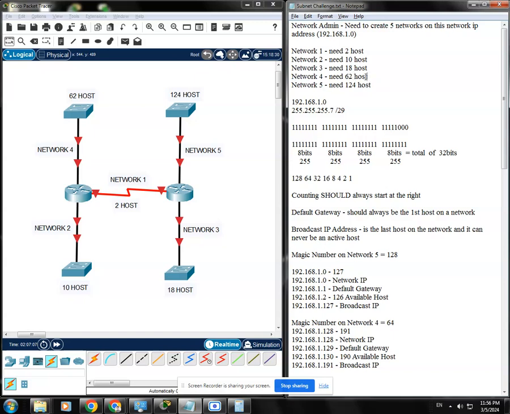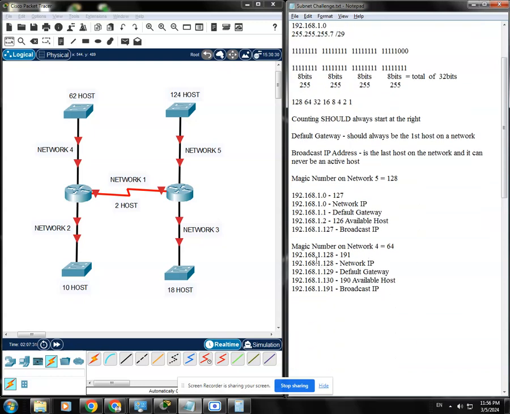So 62 plus 2 equals 64. Looking at the pattern here, we need to use this pattern number 64, because 64 equals 64, it can cover the number because it matches. Well, that's obvious. So on this network 4, we use the magic number 64.